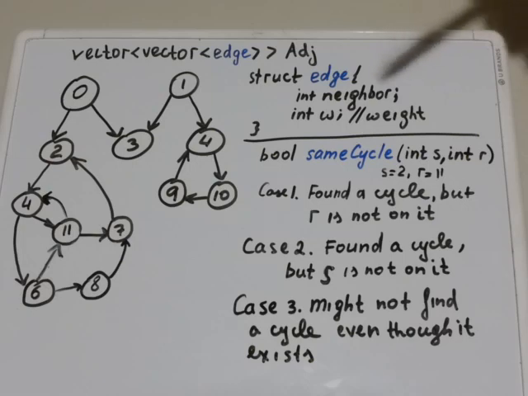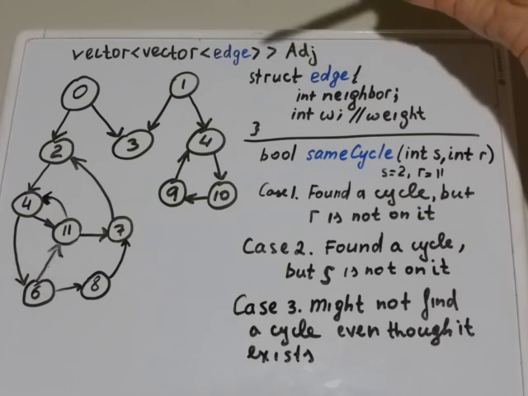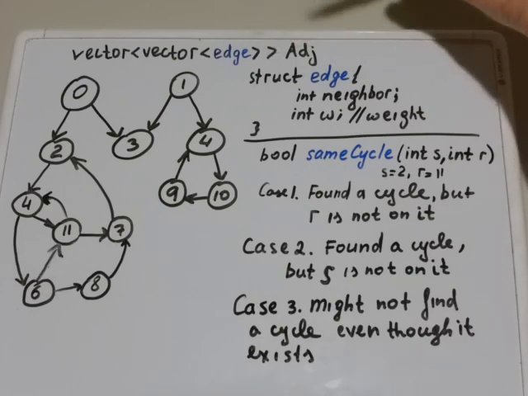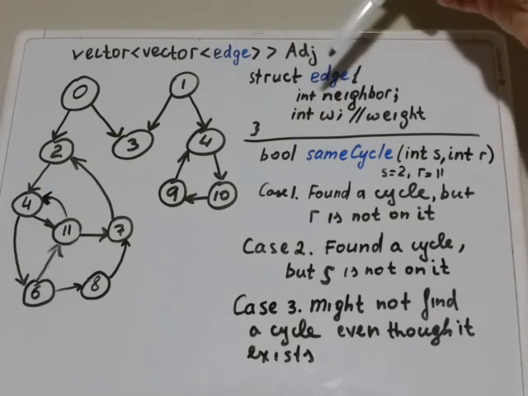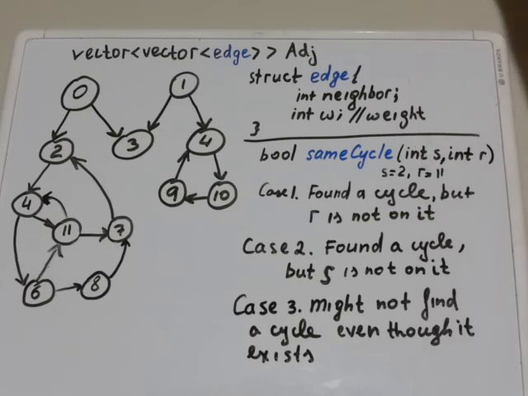Because we need to verify only two nodes, we can run DFS on S, and whenever we encounter a vertex whose color is gray, that means we found a cycle. Then all we need to do is backtrack that cycle and see if vertex R also lies on that cycle.